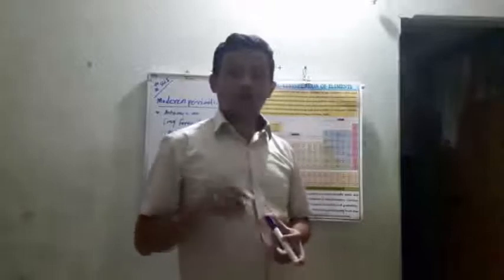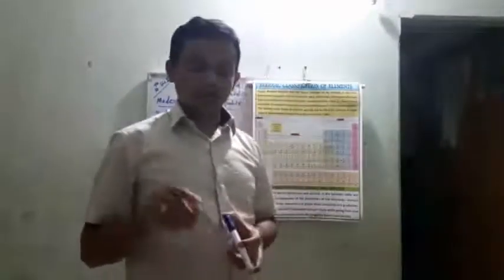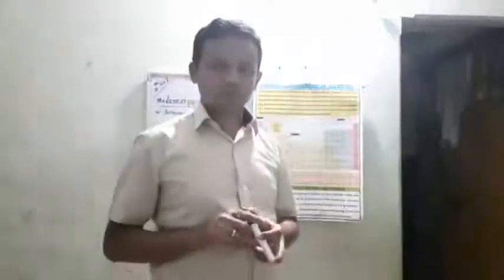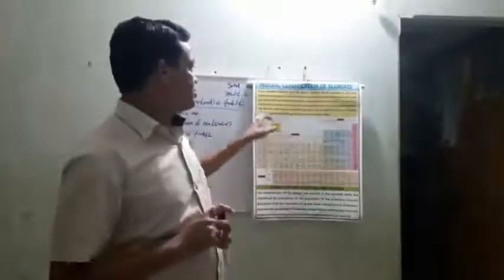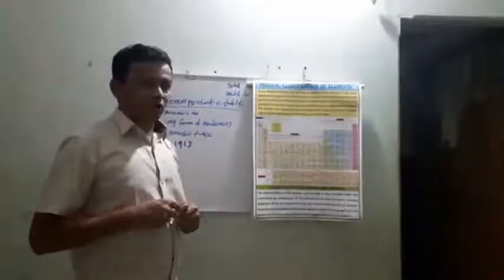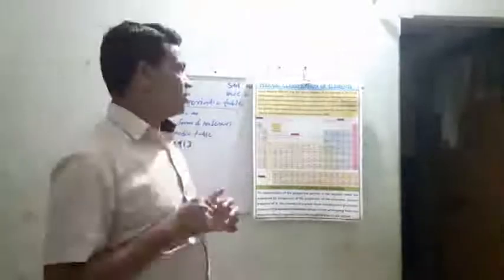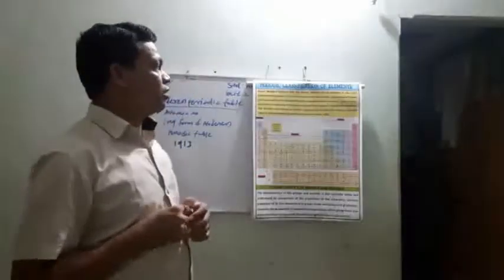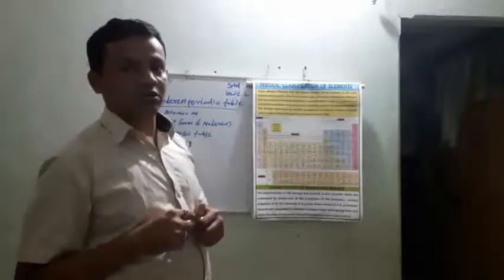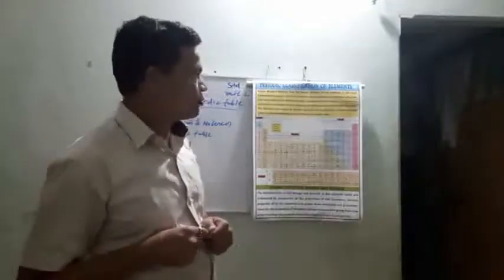number of an element is the most fundamental property and not the atomic mass. So this scientist Henry Moseley showed that the atomic number of an element is the most important or most fundamental property of an element and not atomic mass, which was given by Mendeleev.